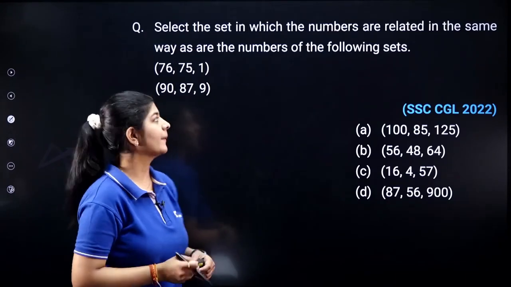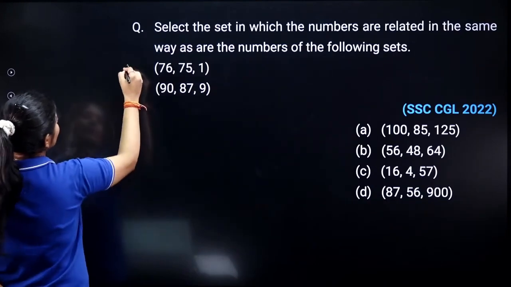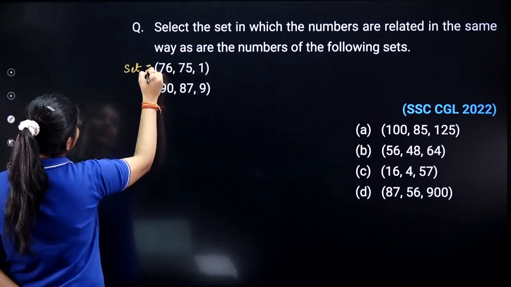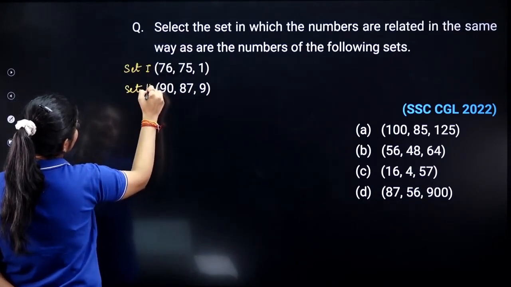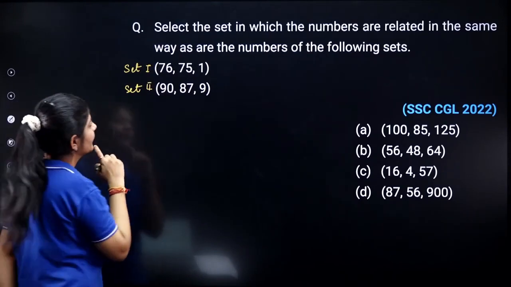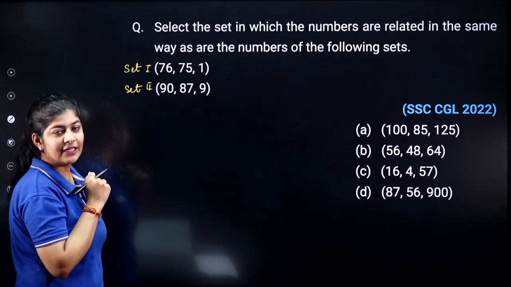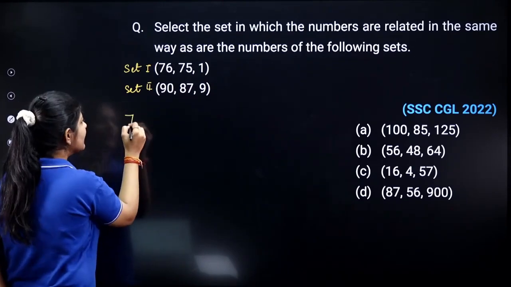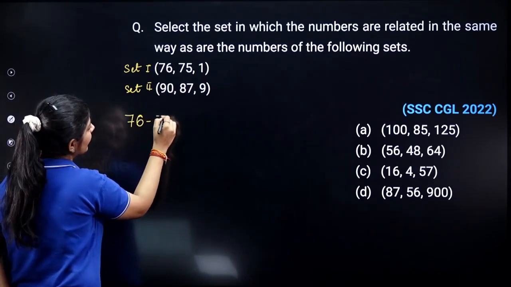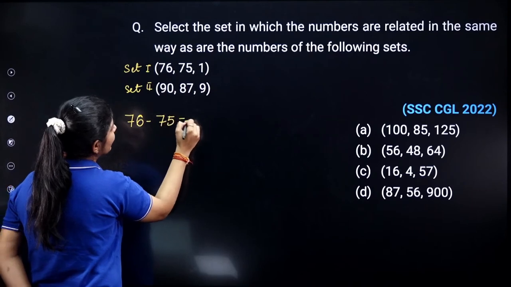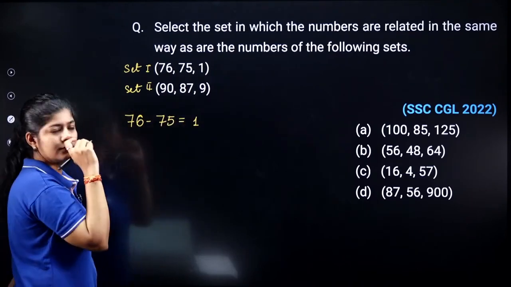Let's see. Okay. First, I am going to consider my set 1, right? And after that, we will consider our set 2. Set 1 is saying that 76, 75 and 1. If I subtract my second number from my first number, at that time also I am getting 1, right?